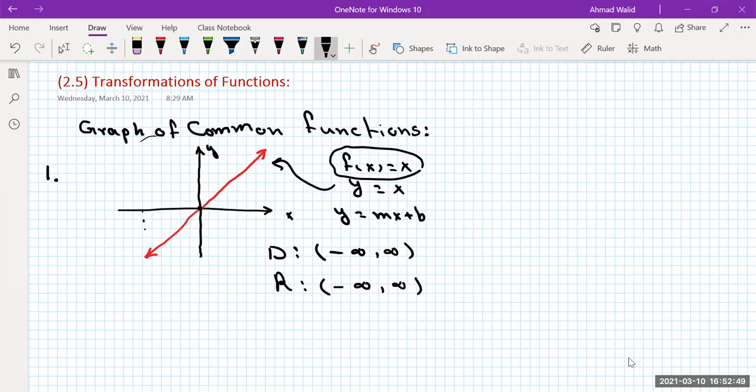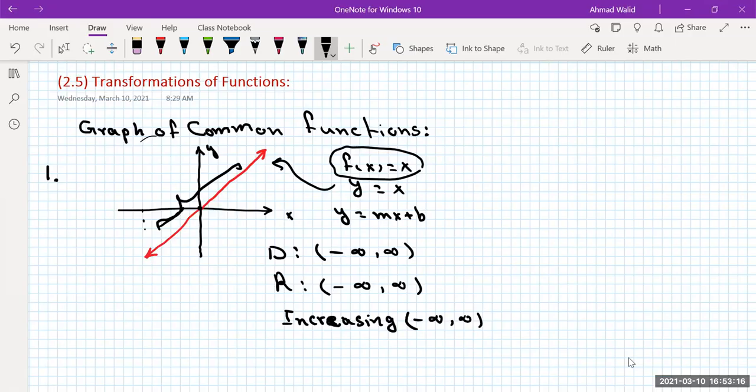The function is increasing, right? In which interval? From negative infinity to infinity. This function is increasing in all intervals.